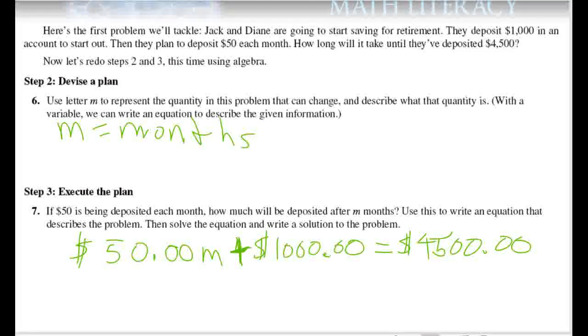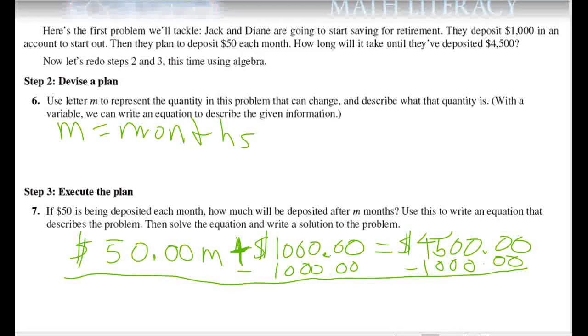And if we solve an equation, we first subtract $1,000 from each side, which is what we did when we did the arithmetic. The first thing we did was subtract $1,000, just that now we are subtracting it from both sides of an equation. We get 50m equals 3,500.